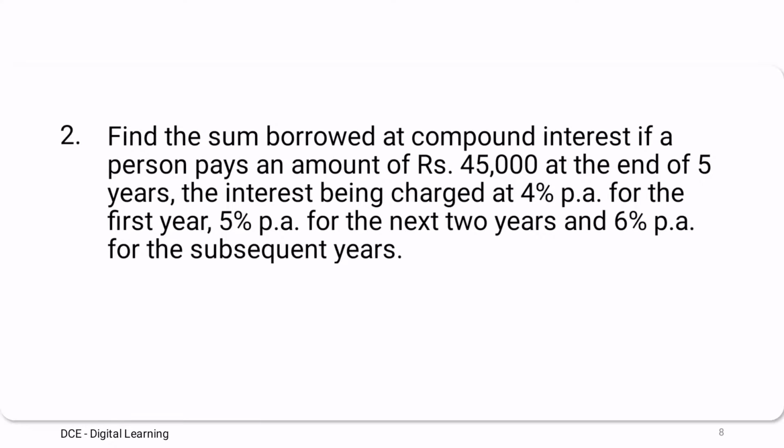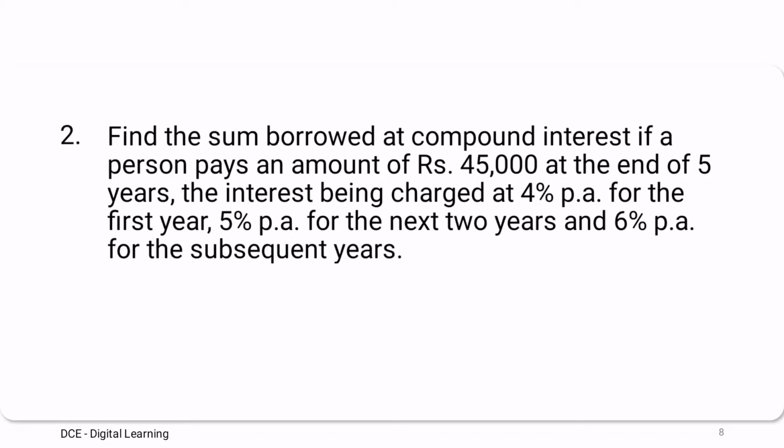Similarly, out of the four quantities A, P, R and N, if 3 are given, you can find out the remaining quantity. So in this question they have asked us to find out the sum or the principal amount, and they have given the amount.